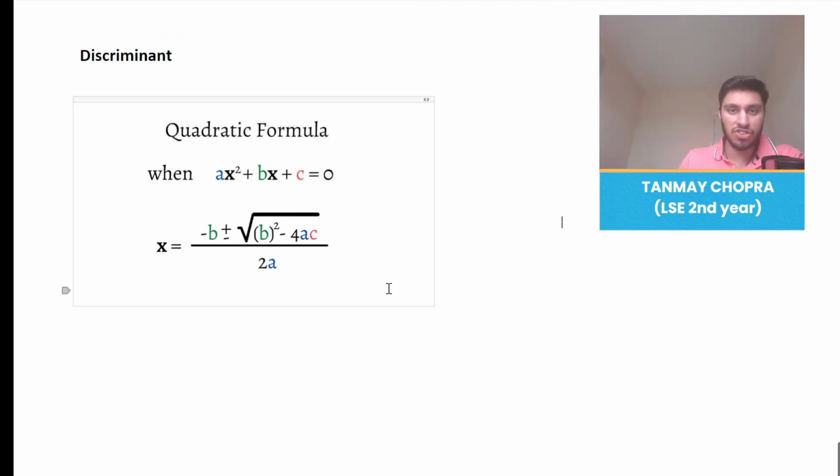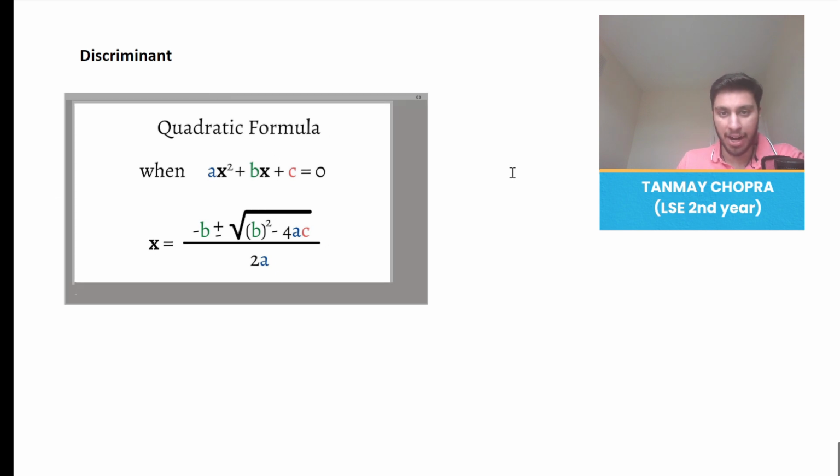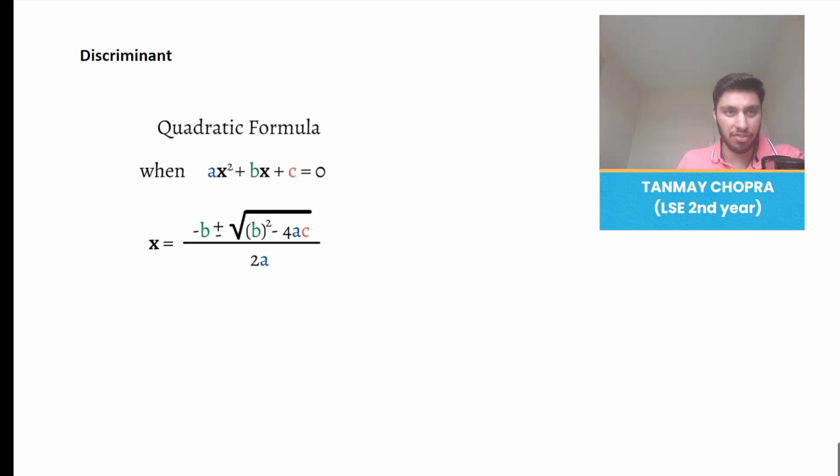Now the last thing in this chapter which we need to talk about is the discriminant. And before we do that, we need to get back to our beloved quadratic formula. You know how I talked about that if the term inside the square root is negative, then it's not possible to have real roots, because how do you square root a negative number? So then there won't be any solutions.